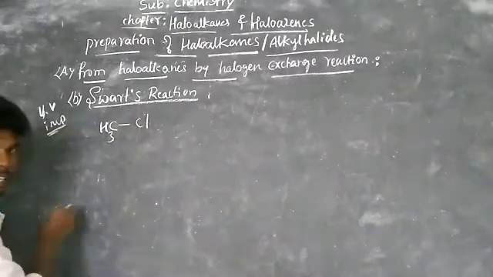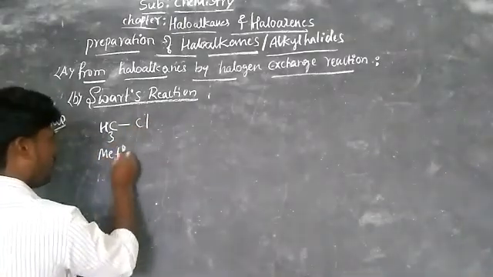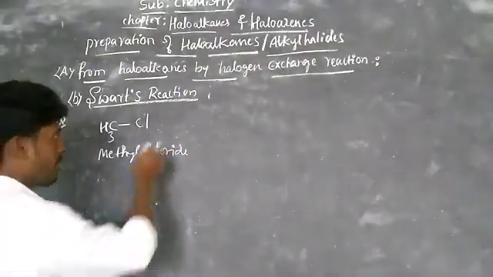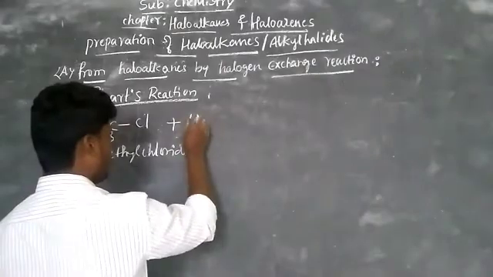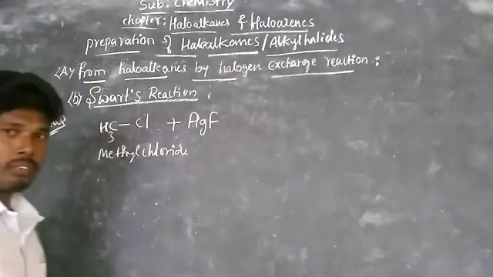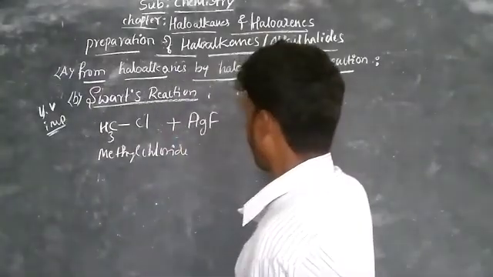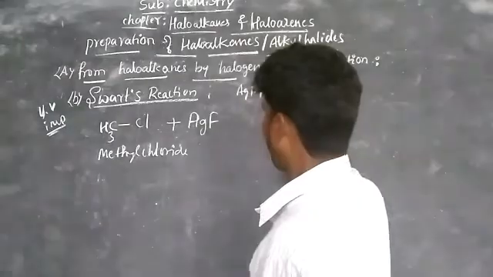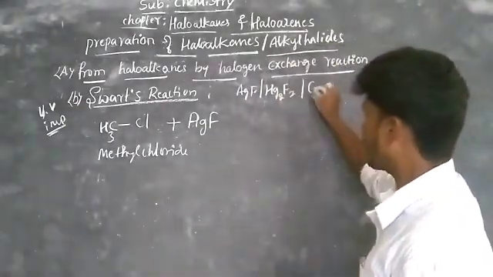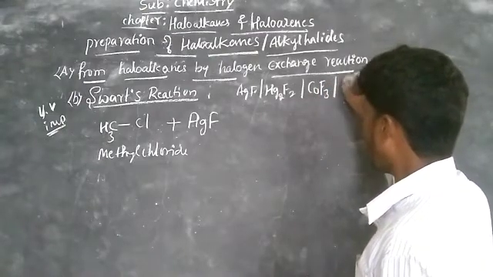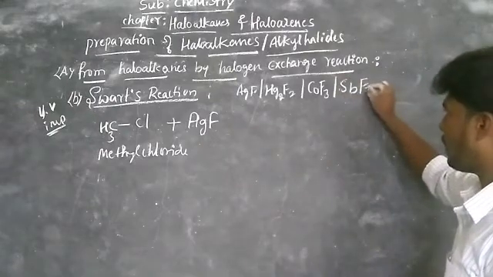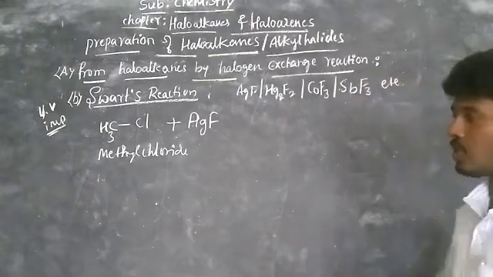For example, CH3Cl, this is alkyl chloride, that is methyl chloride. It is treated with silver fluoride, AgF, or mercury fluoride like Hg2F2, or cobalt fluoride like CoF3, or antimony fluoride like SbF3, etc. These are the reagents.